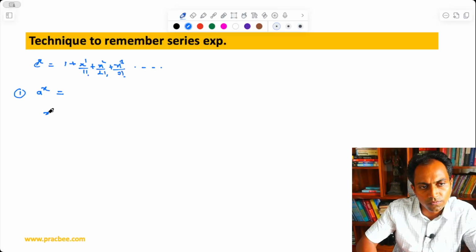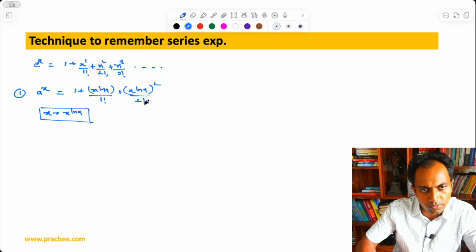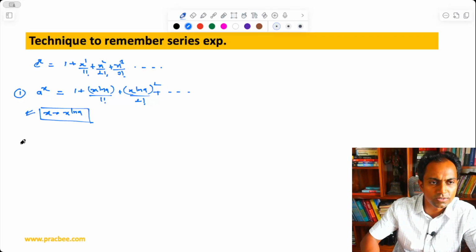What we are going to do is replace x by x ln a. If I do this one thing, I will be able to get my answer. So this becomes 1, then x ln a by 1 factorial. The next part will become x ln a whole square by 2 factorial, and like this it will go on. So by doing this one change, you get one more series.